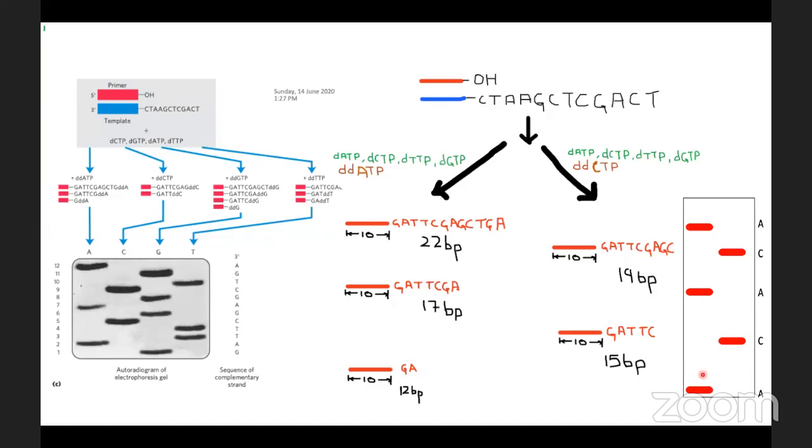So all these 3 fragments, you can write A in front of them. Likewise, in reaction 2, only the fragments which are having C at their end will be visible. So you are getting 2 amplicons, you can write C corresponding to these 2 fragments. So this is a simple representation of how your DNA is being sequenced by Sanger sequencing.